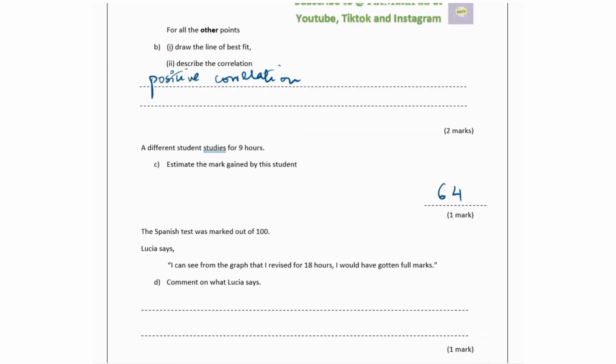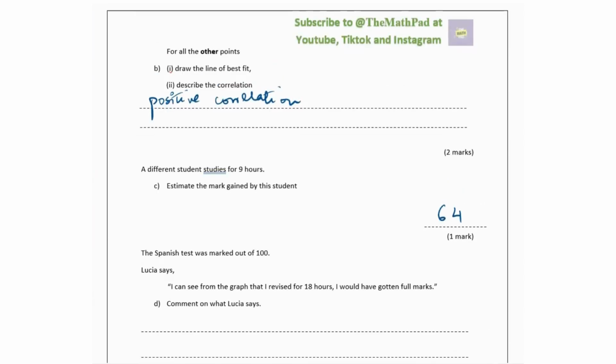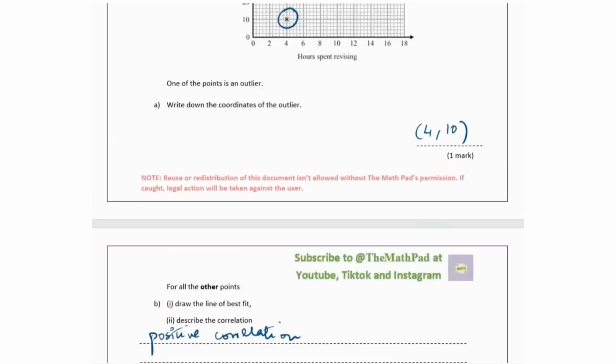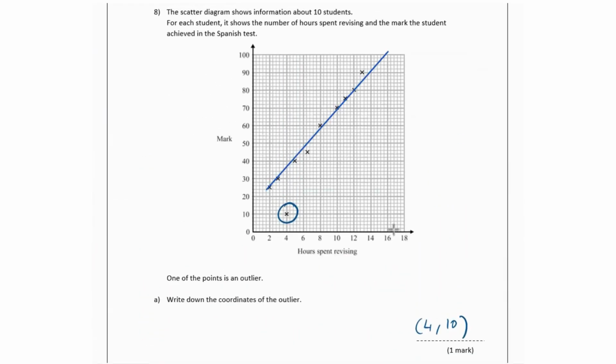Then the Spanish test was marked out of 100. Lucia says, I can see from the graph that I revised for 18 hours. I would have gotten full marks. Comment on what Lucia says. So going back to the scatter diagram, we draw a line from 18 that's not even coming on the graph. As you can see, this is 18.